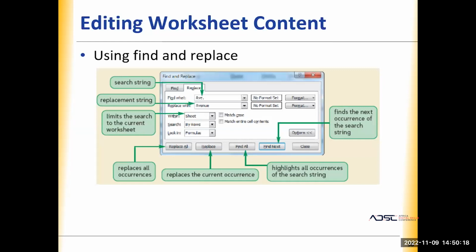Now, you can also do what you call find and replace. Say you have a whole lot of worksheets and you are trying to look out for one particular customer. How do you find that one particular customer? You can't be going from worksheet 1 to worksheet 10 to look out for that particular customer.